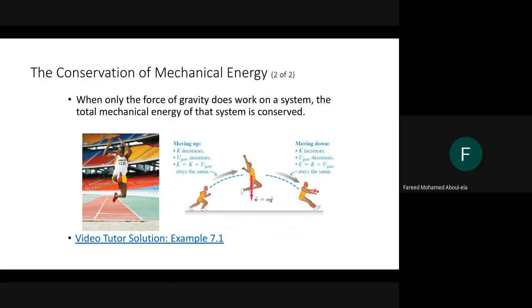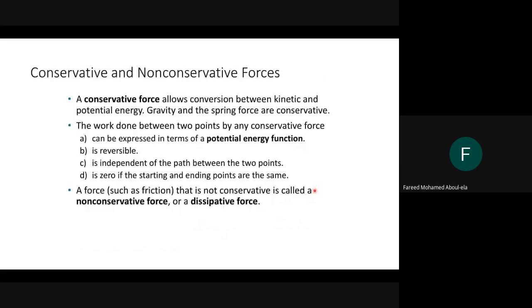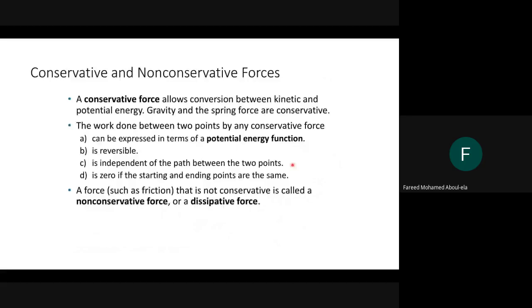Okay, so now we said that this conservation of mechanical energy works with conservative forces. So we have two different kinds of forces. We have conservative forces, and the examples we saw were gravity and the spring force. So what are the characteristics of a conservative force?